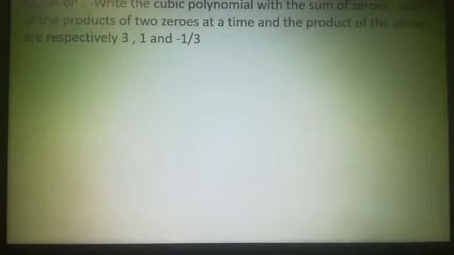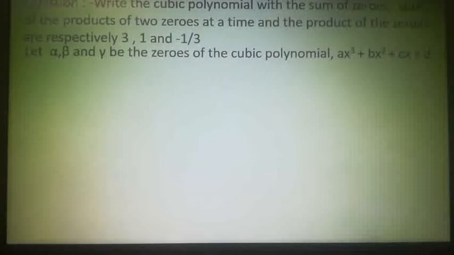So write the cubic polynomial where the sum of zeros, the sum of the products of two zeros at a time, and the product of the zeros are respectively 3, 1 and negative 1 by 3. So you have to form a cubic polynomial where the sum of the zeros is 3, the sum of the product of two zeros at a time is 1, and the product of the three zeros is negative 1 by 3.